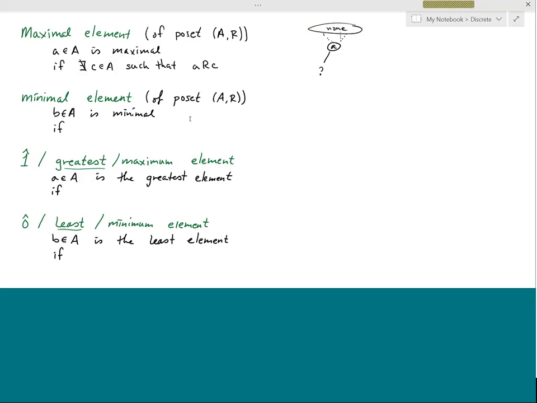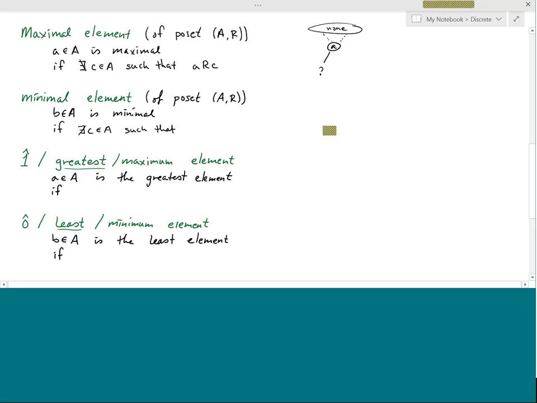Any guesses what the minimal element would be? It's the same thing except where you can't go any further, in layman's terms. Can't go any further down.